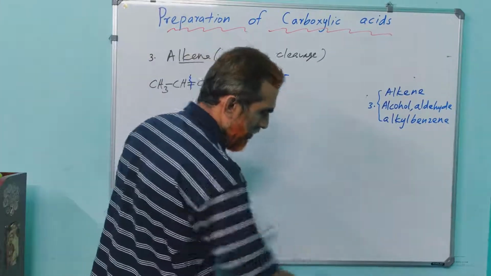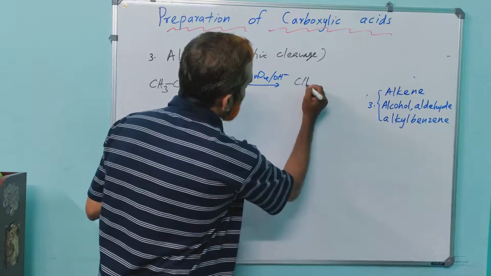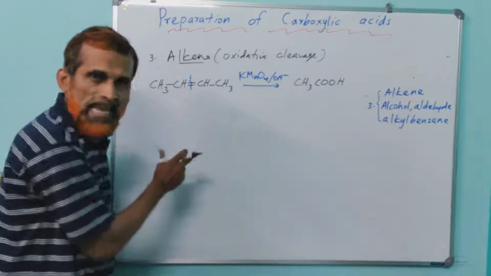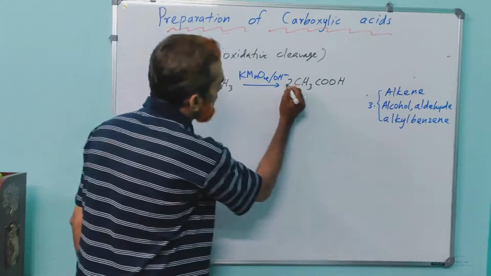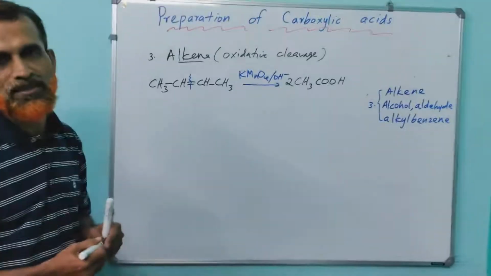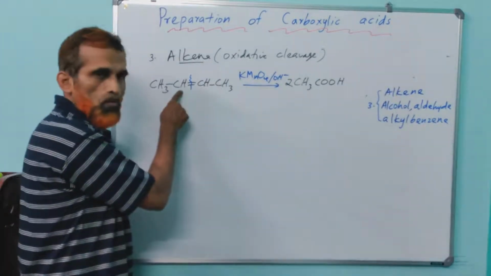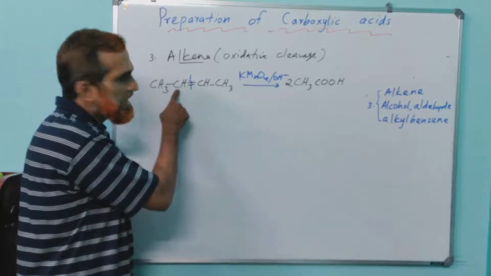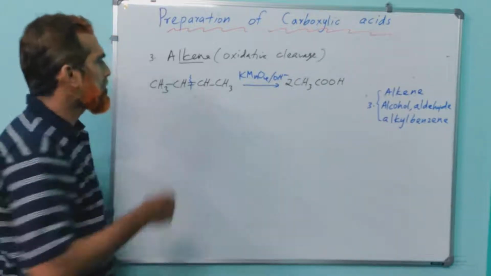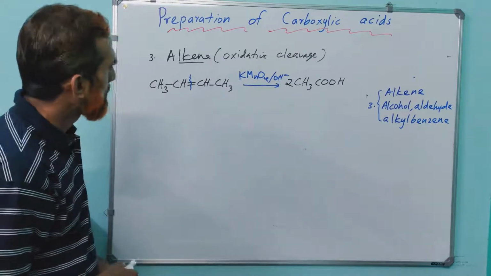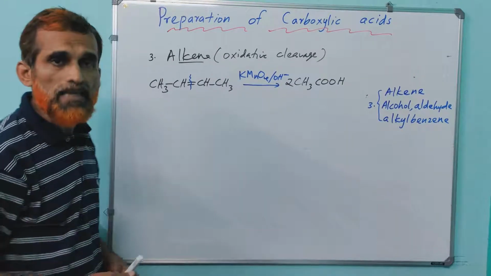So the product is now CH3COOH, that is acetic acid or ethanoic acid. See, this is a symmetrical alkene, so you get 2 molecules of acetic acid. This is oxidative cleavage. One point to be noted here is, when there is a hydrogen here, then you get carboxylic acid. That is a requirement. If not, it will be a ketone.